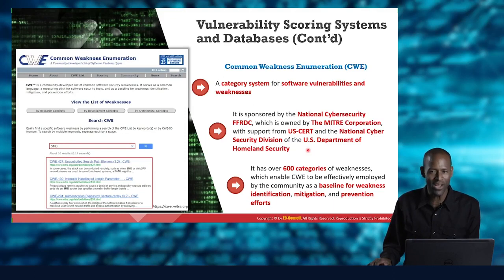It's a lot of people working together to make sure that you understand weaknesses in programs, with 600 categories of weaknesses that can be set up in your organization to find that baseline, identify mitigation and prevention efforts for your organization.